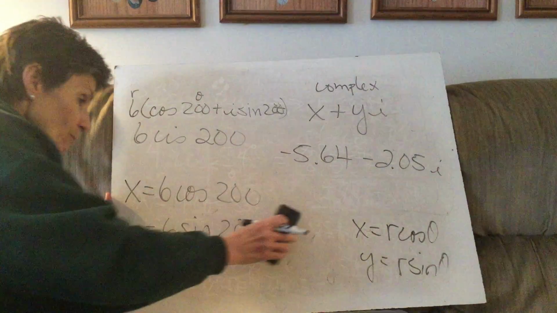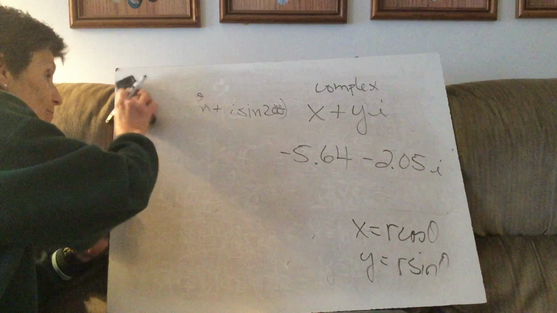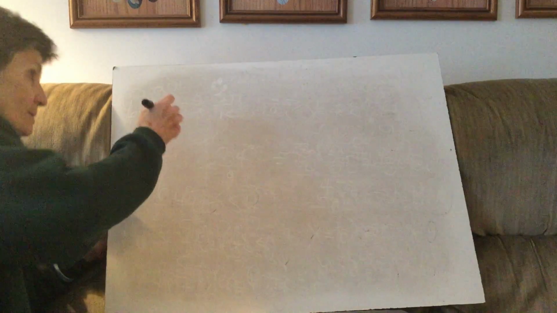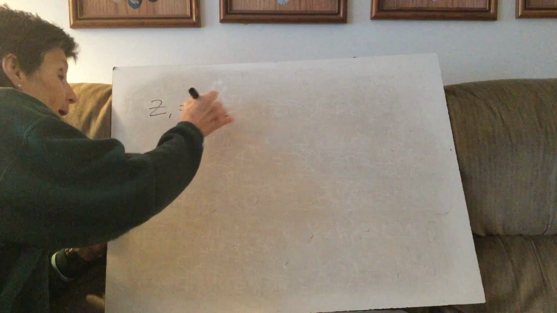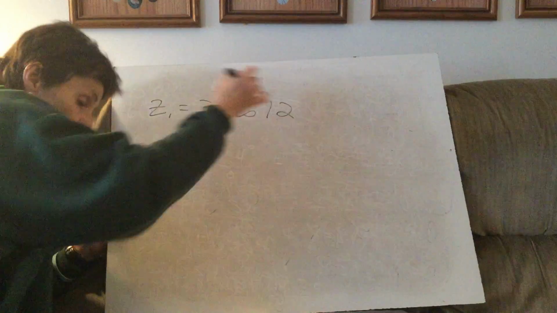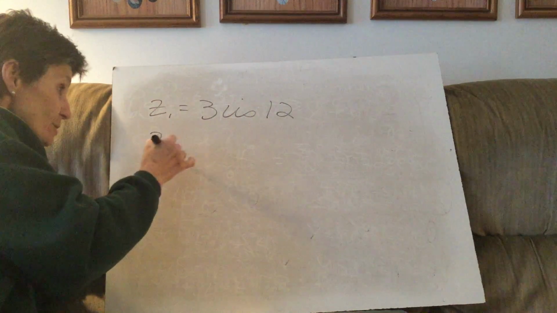All right, now we're on to number 4. Number 4 says we're going to multiply. Now, I don't want you to be confused by the notation. I'm using the notation used in the textbook.